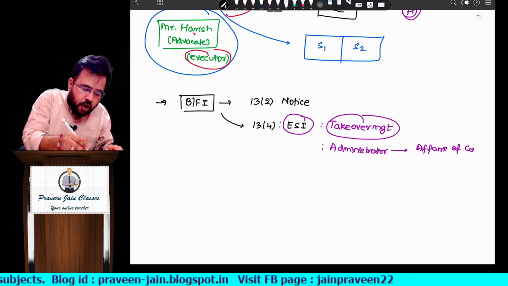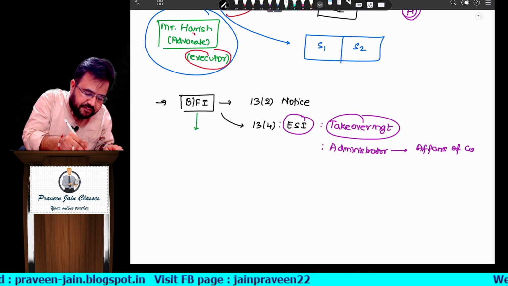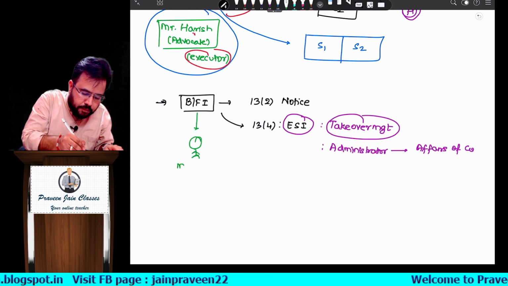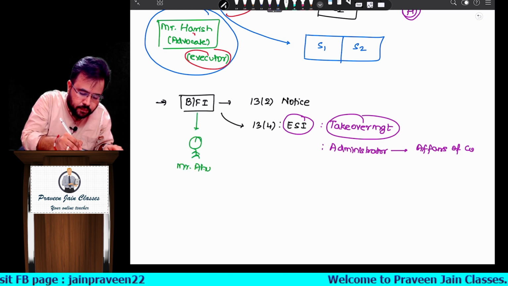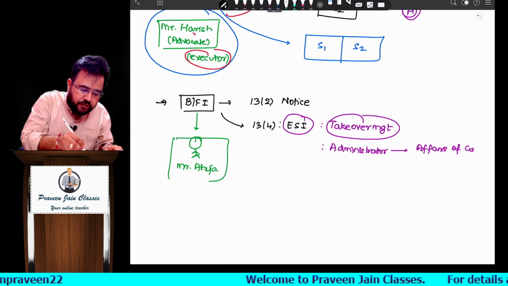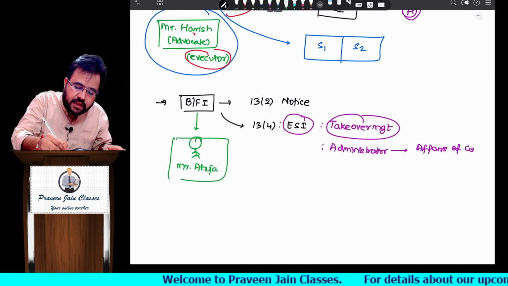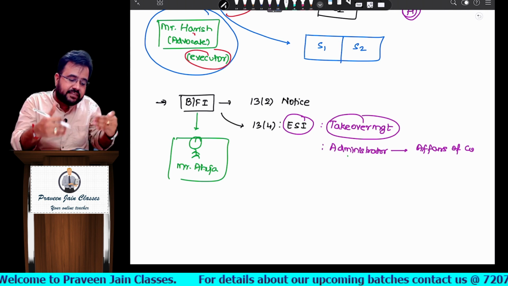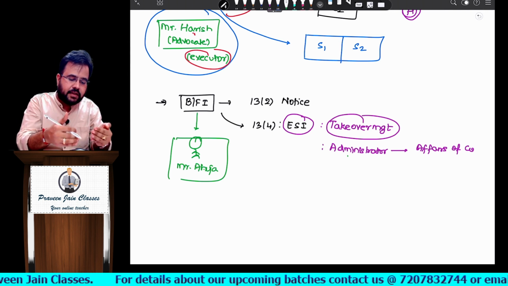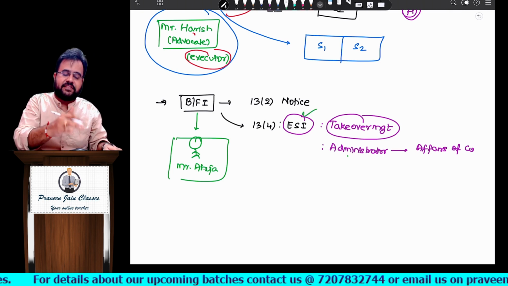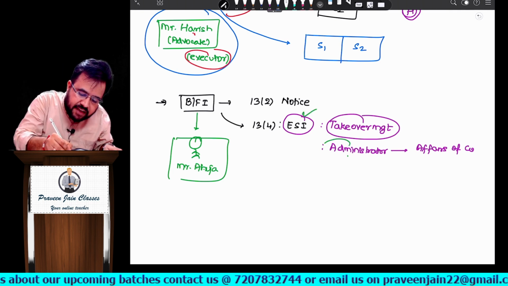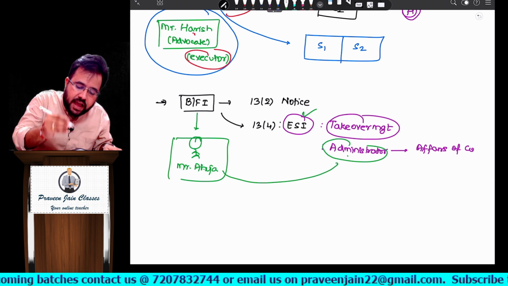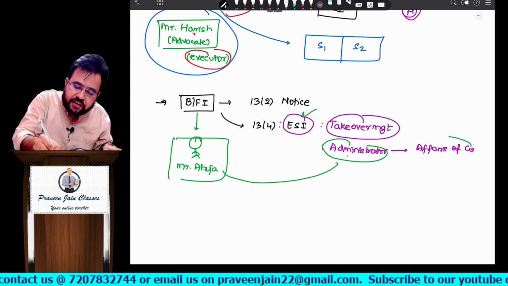Now imagine a bank or financial institution, sir, they have appointed Mr. Ahuja, who is an employee of that particular bank, sir, as an administrator. Now imagine the bank or financial institution has enforced the ESI provisions, and they have appointed Mr. Ahuja as an administrator for the affairs of the company.